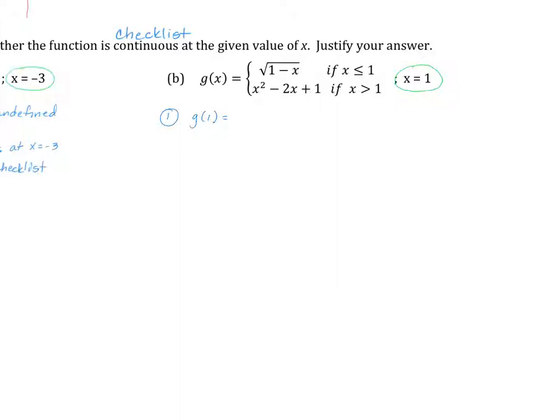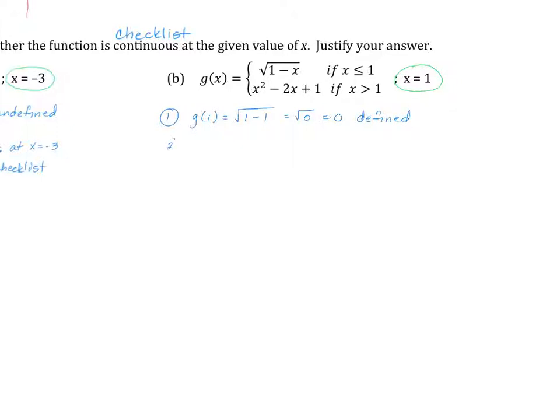I have to be careful about which piece of this function I'm using. At 1, I'm using the upper, which would be the square root function. So this would just be the square root of 0, which is 0. And it's defined. So it meets condition 1. It's defined at 1.